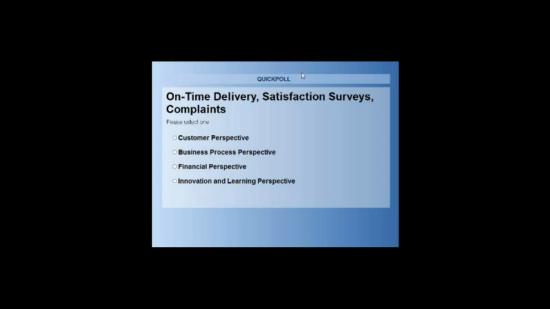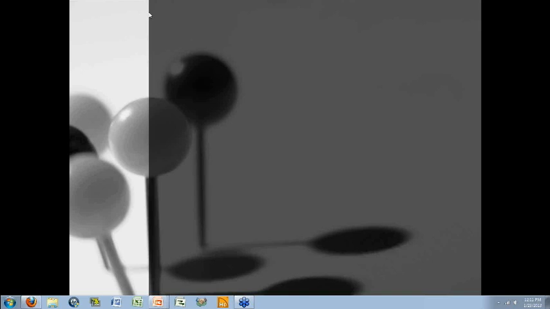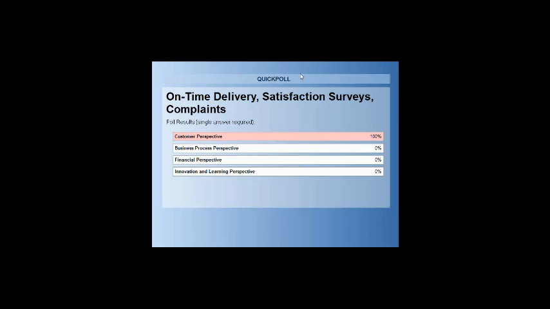And we got about 5 seconds left. And closing the poll. This one is 100% of you picked customer perspective. These are the things that the customer sees, how the customer views this.